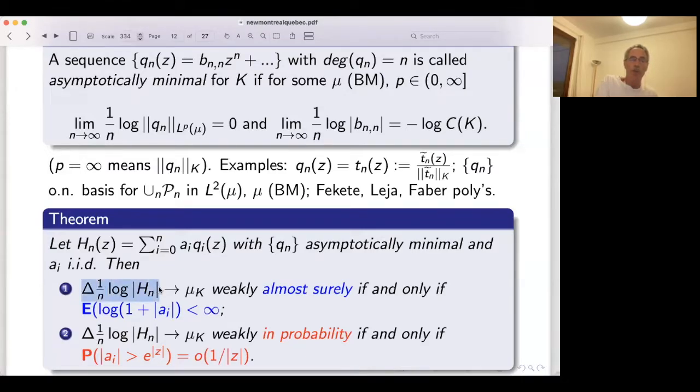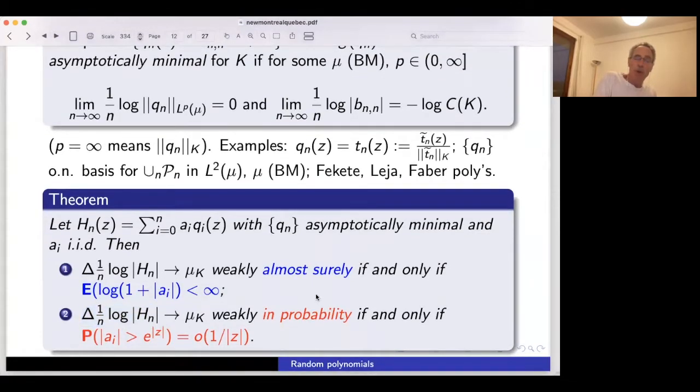Then you get almost sure weak convergence of the measures, the Laplacian of 1 over n log mod hn, to the Laplacian of V sub K, to this equilibrium measure. You get this weak convergence almost surely if and only if you have this finite logarithmic moment condition. And you get weak convergence of these measures to the equilibrium measure in probability precisely when you have this tail condition.